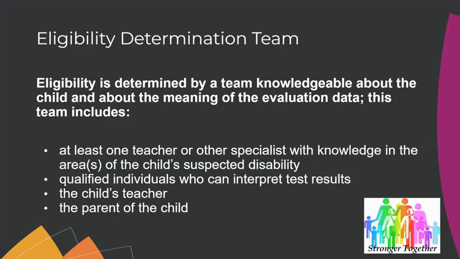This decision is made by the eligibility determination team. The law says you have to have at least one teacher or other specialist with knowledge in the area of the child's suspected disability, qualified individuals who can interpret test results, the child's teacher, and the parent of the child or guardian.